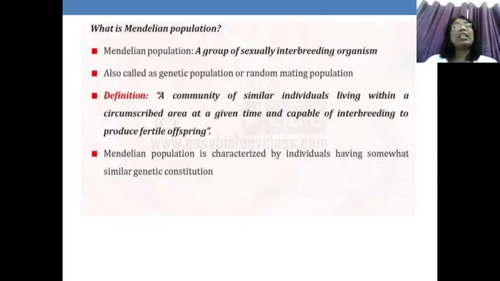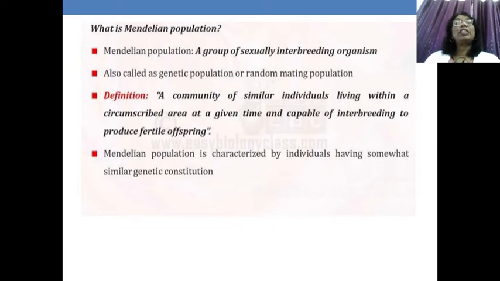Then the question arises, what is meant by Mendelian population? A Mendelian population consists of a group of only sexually interbreeding organisms. Those organisms in which sexual reproduction takes place come under the Mendelian population. It is also called a genetic population, or a random mating population.